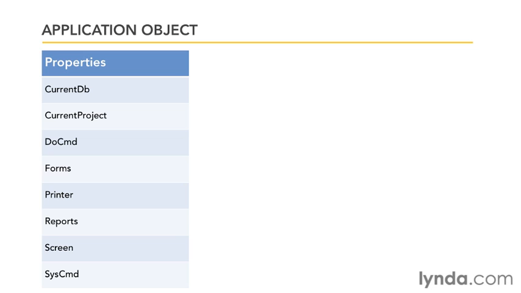DoCmd is a series of menu items. Basically, the DoCmd object in VBA includes all of the methods that you can use if you create macros, like I showed you in Chapter 1. Then you have the collections for forms and reports, and ways to work with the printer, the screen, and also SysCmd, which allows you to do things such as sound beeps and to show progress bars.